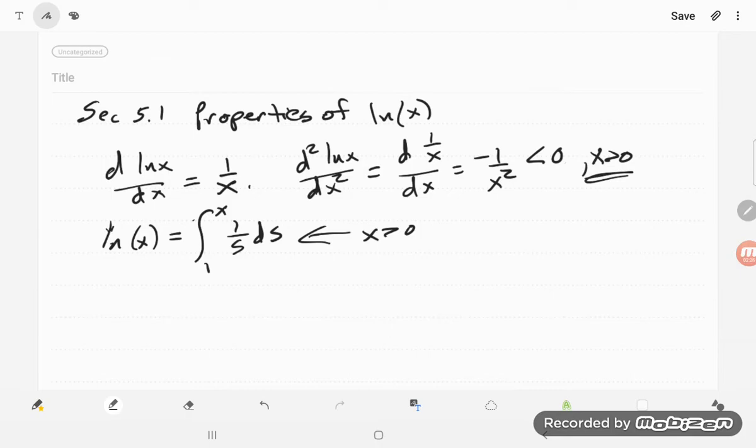With that second derivative and the first derivative, 1 over x, this is always greater than 0 as long as x is positive.